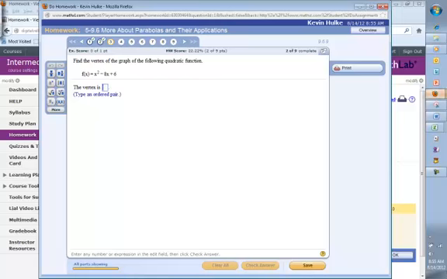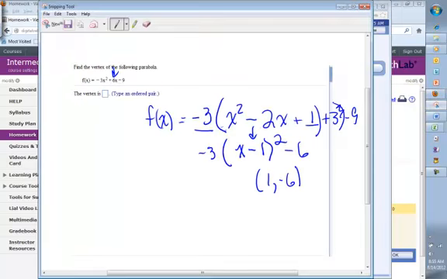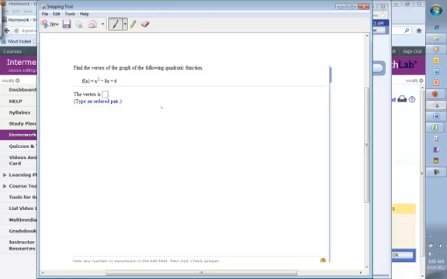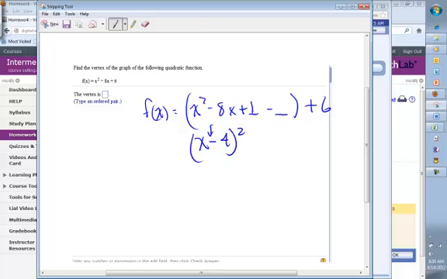Next one, an easier one again, because it doesn't have a lead coefficient. f of x equals x squared minus 8x plus blank minus blank plus 6. x minus 4 squared, right, 16 in both of those blanks.